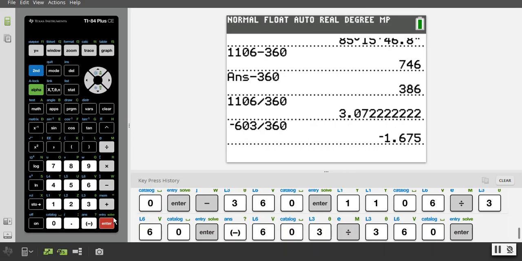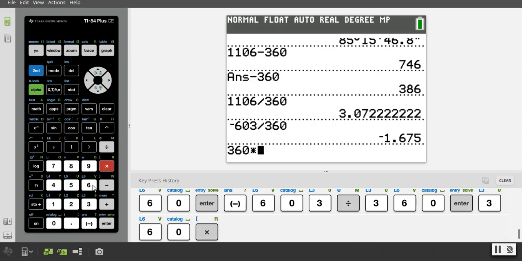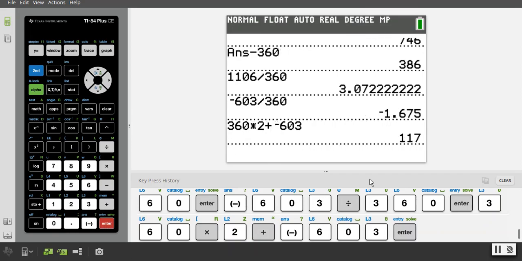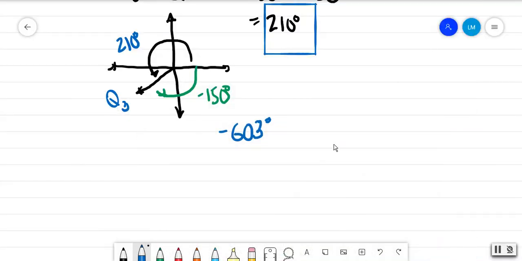So you probably need to round to 2. That means you'll take 360 multiplied by 2 plus negative 603, and that gives you 117. So 117 is the coterminal angle.